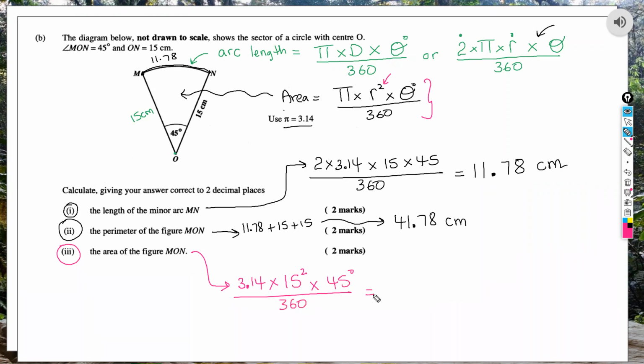Let's work that out. 3.14, 15 squared by 45 divided by 360. And I am getting 88.31 centimeters squared because it's area. Right? So take down what you need to take down, right?